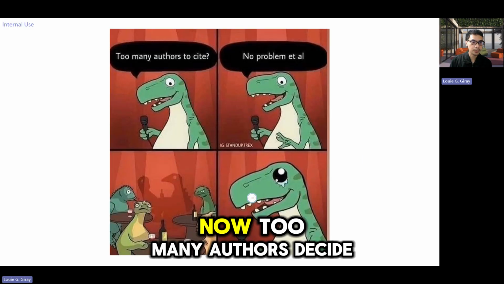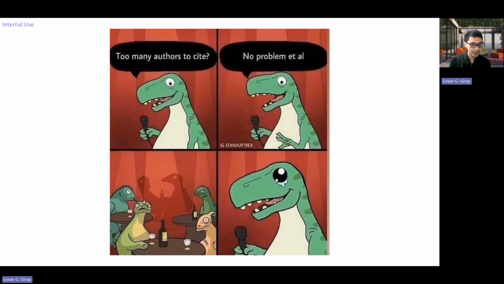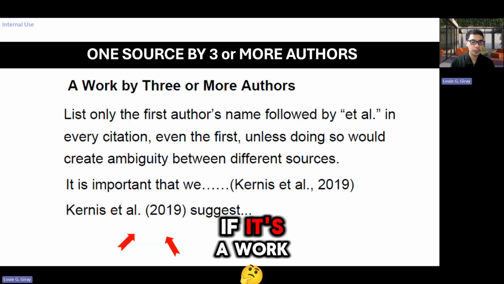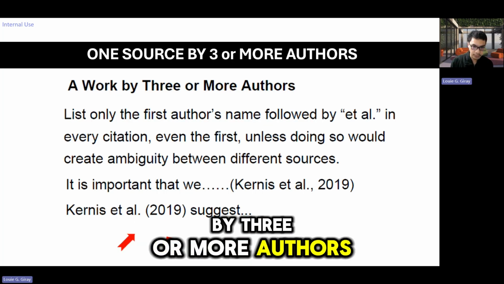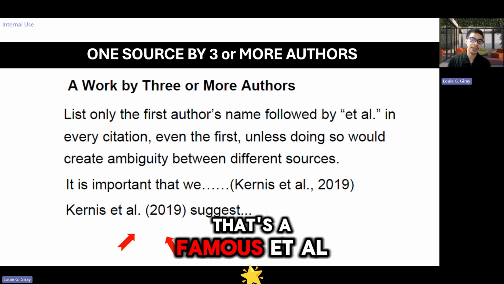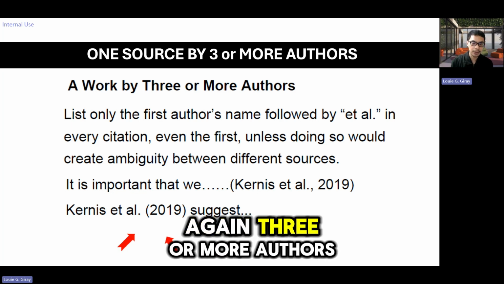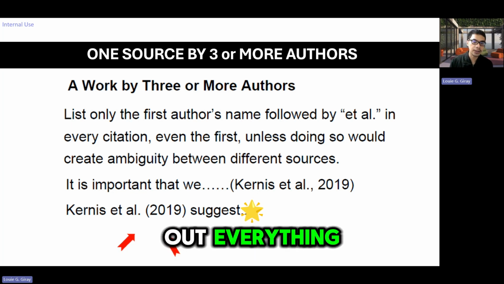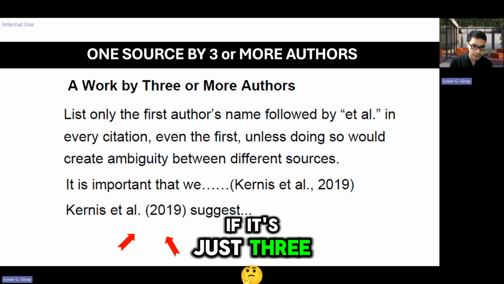Now, too many authors to cite? No problem at all, says this dinosaur. If it's a work by 3 or more authors, you use et al. That's a famous et al. Again, 3 or more authors. You don't need to spell out everything if it's just 3, such as this one.